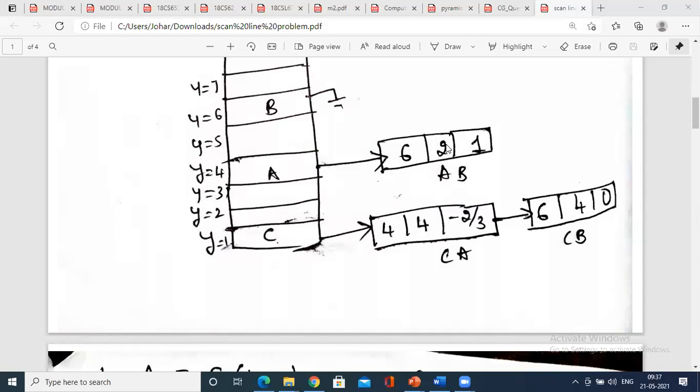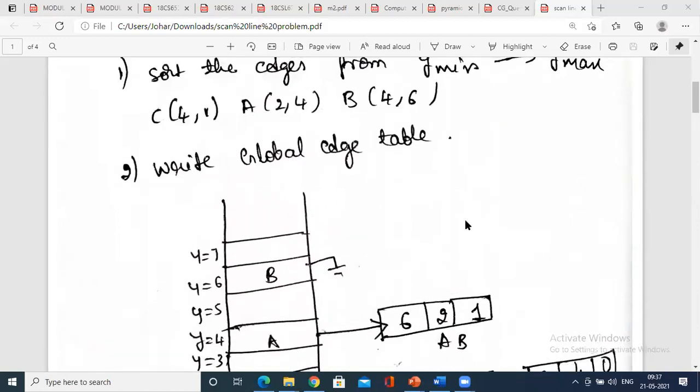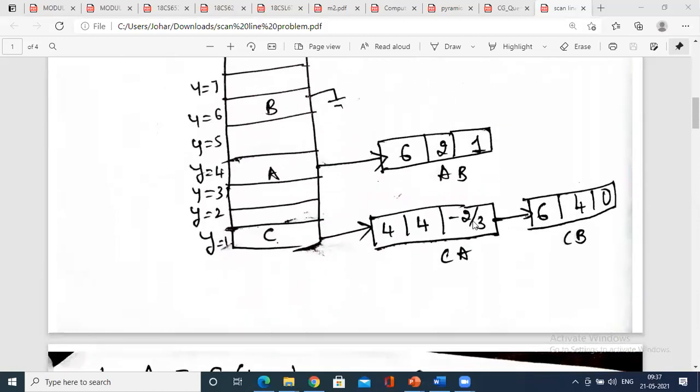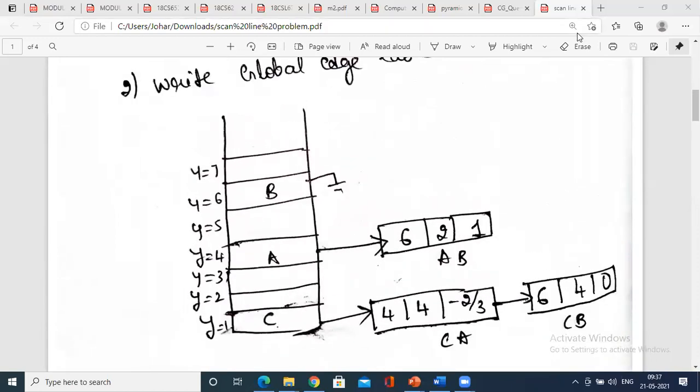Where exactly did 2 3 appear? Oh, this one. Once again, you need to calculate the slope. How did you get this one? This is the slope of a line. We have the slope of the line as 1 by m. I will show you how it is calculated.